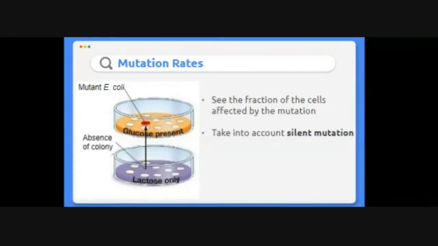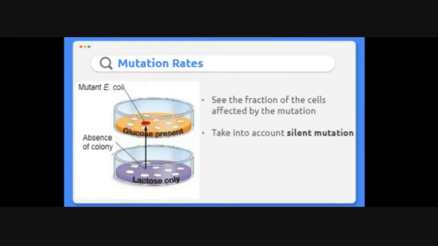Silent mutations are changes in your DNA sequences na hindi naman nagkakaroon ng effect sa organism, sa characteristic ng organism. So, silent lang siya. Parang, for example, nag-iba yung base mo from A naging T, ganon. Pero hindi naman na-affect yung kakayahan niya to metabolize lactose.